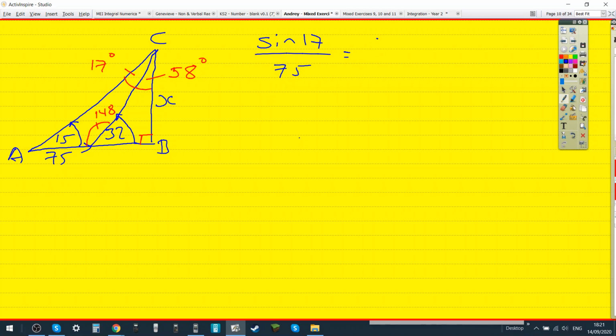So sine 15 over, I don't know what to call it. I'll call it MCM or something. Maybe people think it's midpoint CN or something. I don't know. Okay. Put that in the calculator.